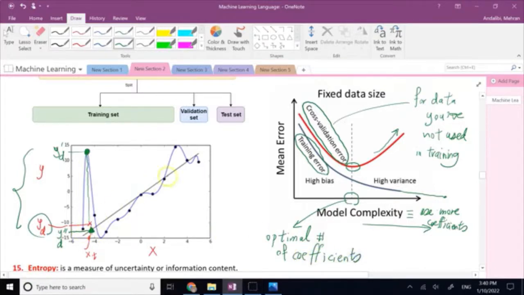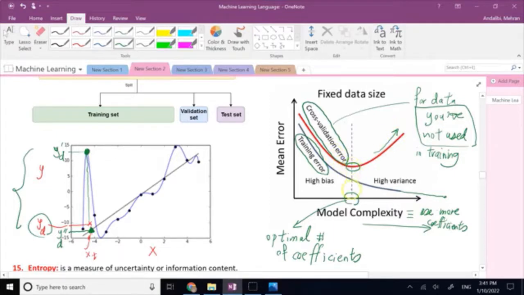Correct? So if for this behavior I want to decide what order of polynomial is good, that's what I need to do. I need to reserve and not use some portion of the data, never use it in the training, and later I bring them and evaluate the performance of the model that I have trained, and see where it curves up.